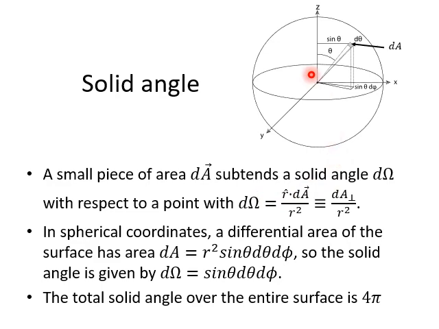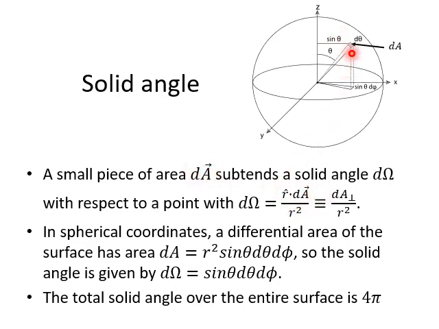So the solid angle subtended by that little bit of surface there is the area of that surface, where I've taken r to be the normal to the surface, so I'm taking the component of the area which is on the surface, right?